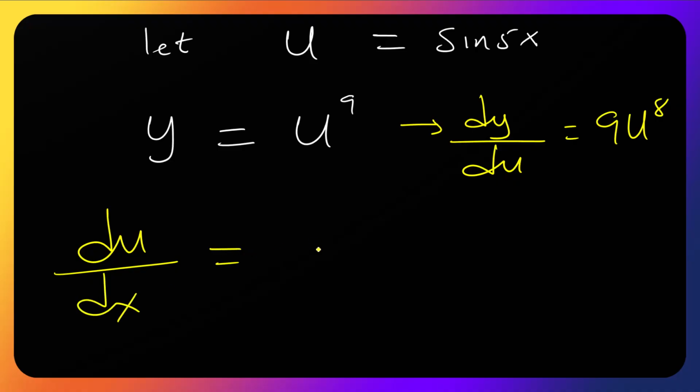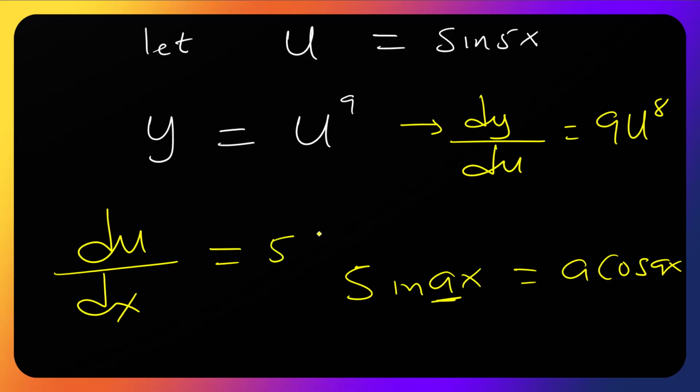How do we differentiate this? When we have sine ax, the derivative of sine is cos ax, where a is the number. So this will be 5 cos 5x.